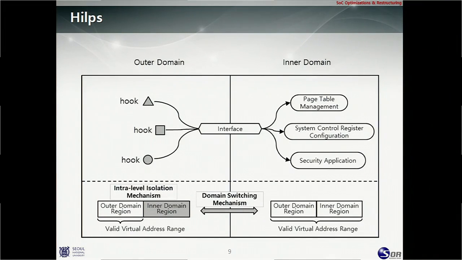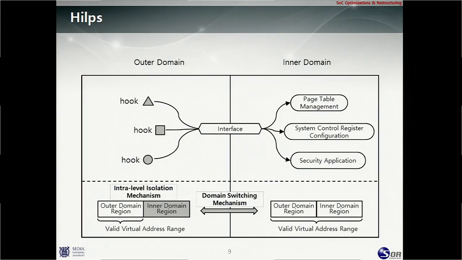First, when the outer domain has control, the intra-level isolation mechanism includes only the memory region of the outer domain in the valid virtual address range.